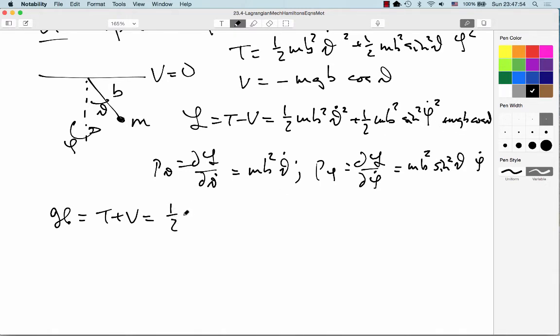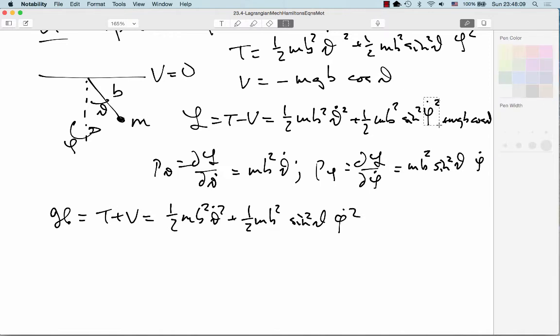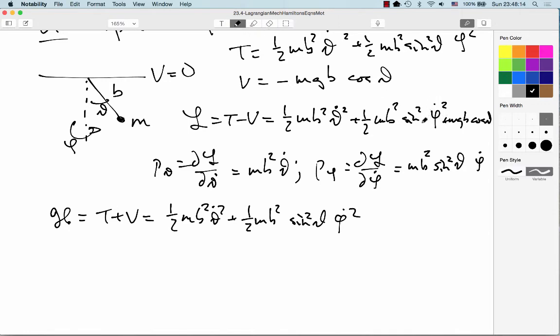So 1/2 m b squared theta dot squared plus 1/2 m b squared sine squared theta phi dot squared minus m g b cos theta.